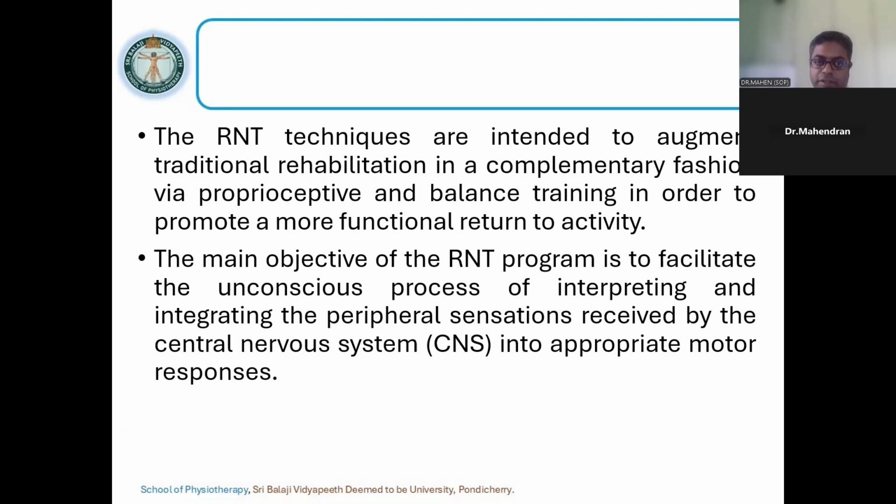So these activities you cannot forget easily. Normally, after the injury, this unconscious process will be damaged. By using the RNT technique, this unconscious process will be restored again.